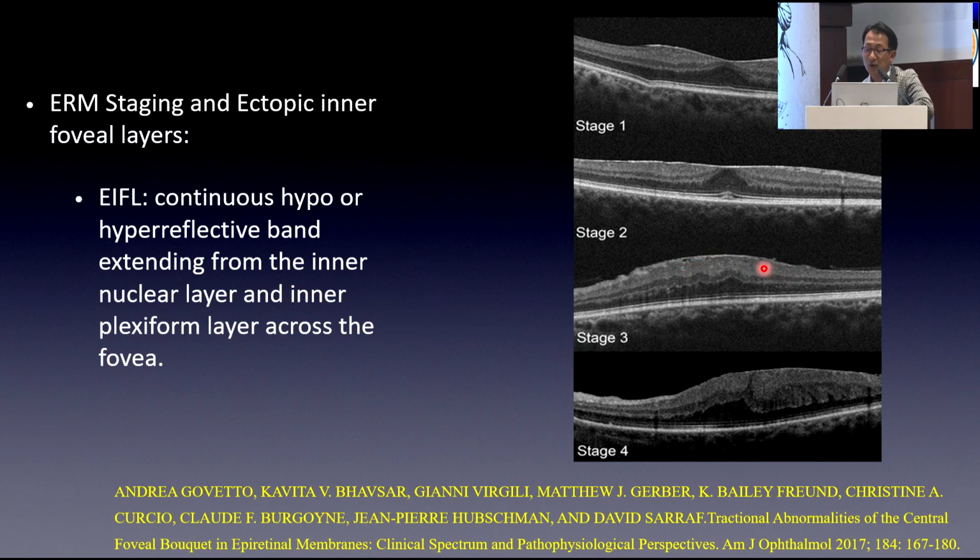So these two structures, the lamellar hole-like lesions and the ectopic inner foveal layers: if you perform the surgery before the appearance of these two structures, the structural as well as the functional improvement is complete.